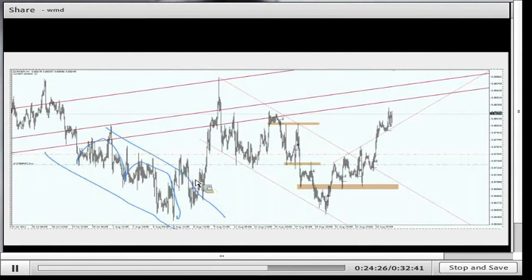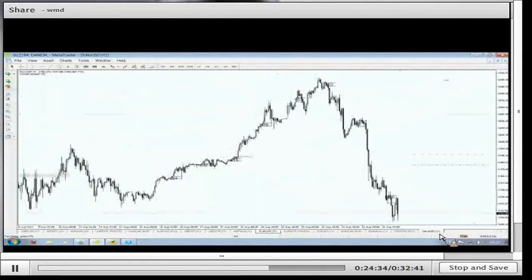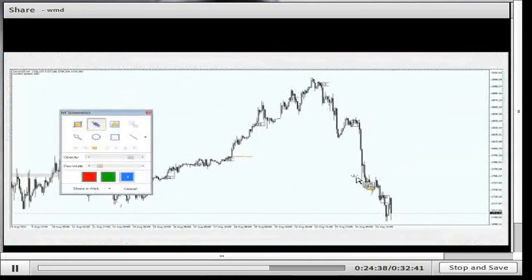And from that I will establish a bias, and once I've established my bias based on the pattern, regardless of what any support resistance level is saying, what any trend line is saying, I will trade in the direction of the bias that I have established.